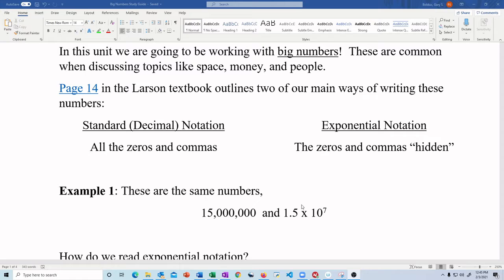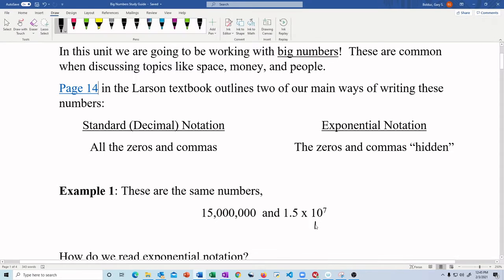The other thing you'll see with your calculator sometimes is that it'll say E7. So your calculator might actually say this instead. And the E just stands for exponent. It's just its way of saying 10 to the 7th power.